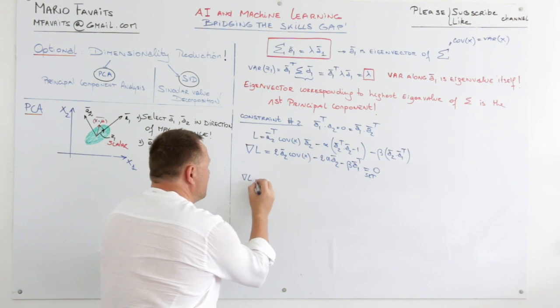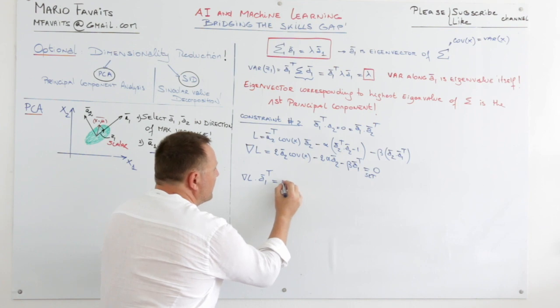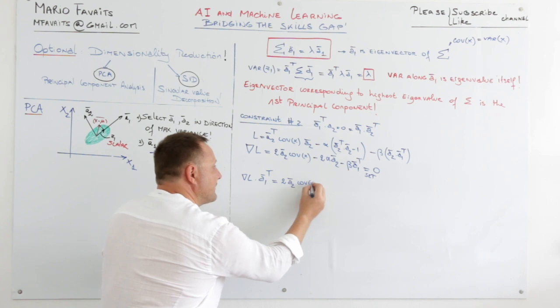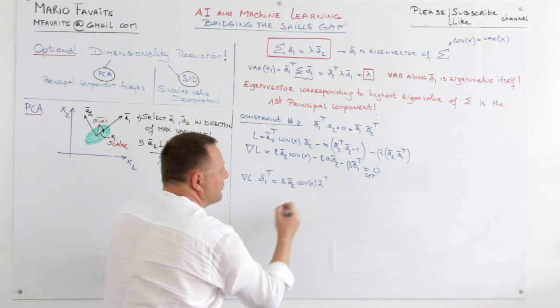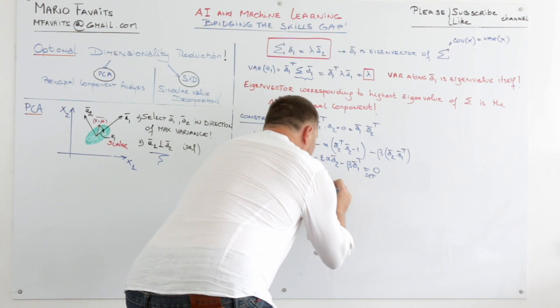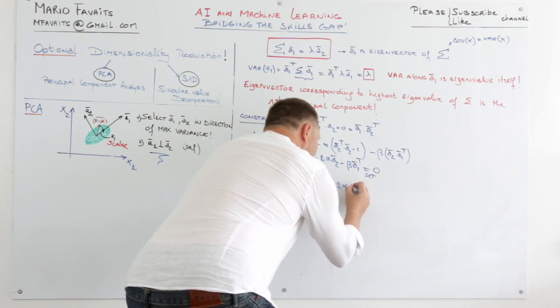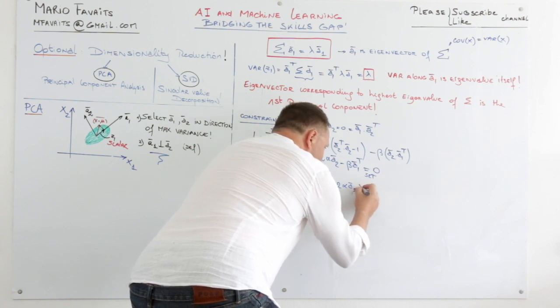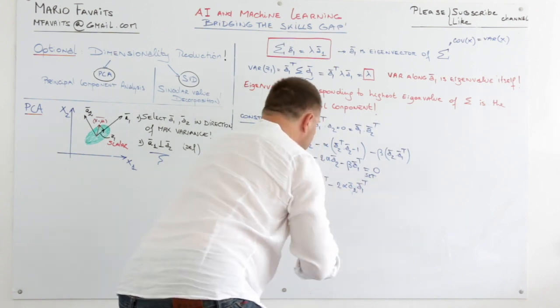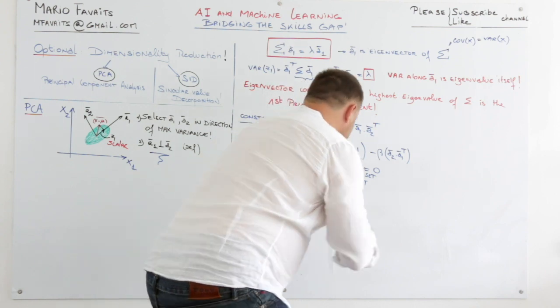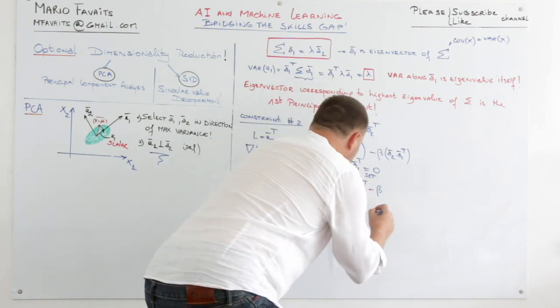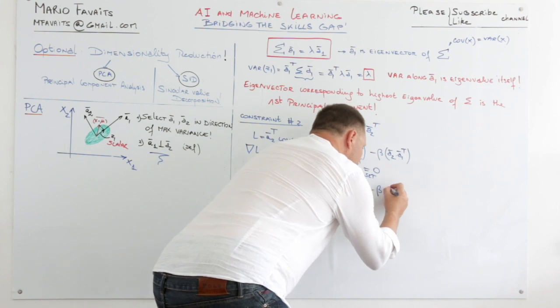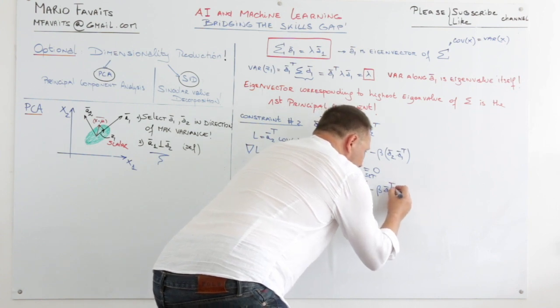So Lagrangian times A1 transpose equals 2A2 covariance X A1 transpose minus 2 alpha A2 A1 transpose minus beta A1 transpose times A1.